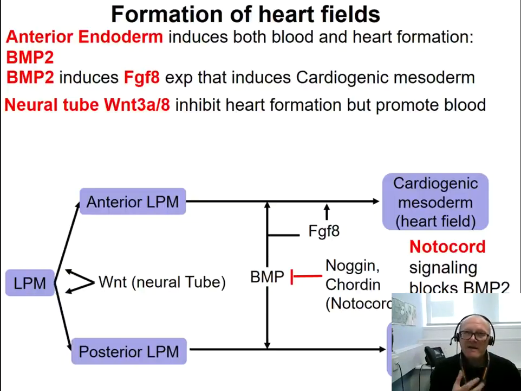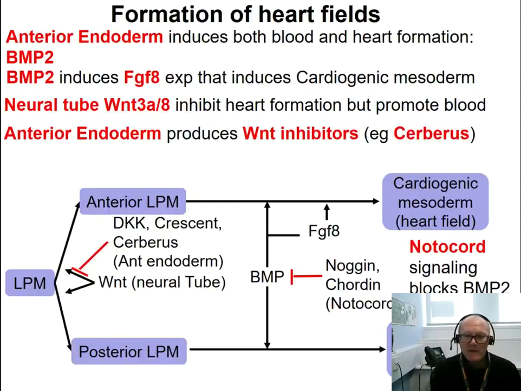It doesn't do so anteriorly, because the anterior endoderm expresses Wnt signaling inhibitors like Cerberus. So Cerberus and other inhibitors expressed from the anterior endoderm block Wnt signaling expressed from the neural tube, so then the anterior lateral plate mesoderm can become cardiogenic mesoderm, thanks also to expression of FGF8, which is induced by BMP, also expressed by the anterior endoderm.